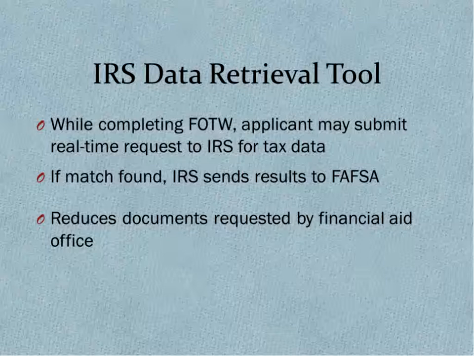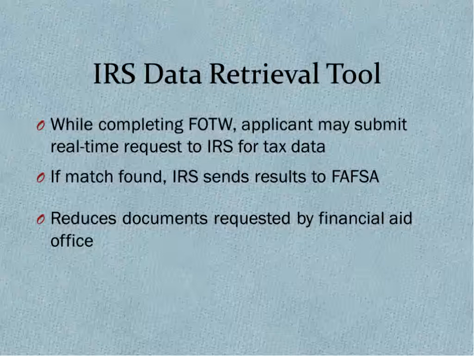So that does require you to file your taxes fairly early and fairly quickly after you are able to do so. So if you are not able to file your taxes and use the IRS data retrieval tool before the March 1st FAFSA priority deadline at Fort Hays, you can go and use estimates in the FAFSA, submit your estimated tax information, and then once you do have your taxes completed, you can log back into the FAFSA and make a correction, and then go and use the IRS data retrieval tool, then resubmit your FAFSA to us.